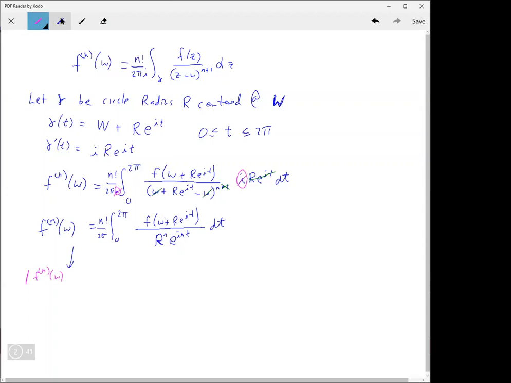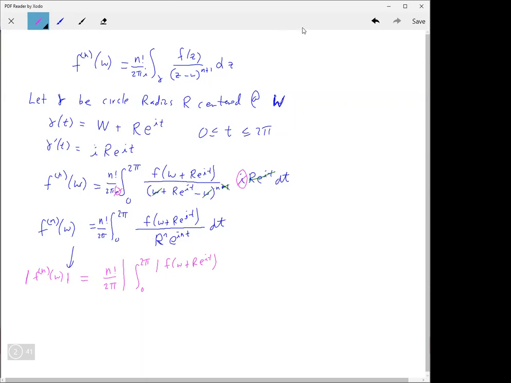Okay, now if you take the modulus, well this is just going to be n factorial over 2 pi i, and then here we have the integral from 0 to 2 pi of f of w plus r e to the it.